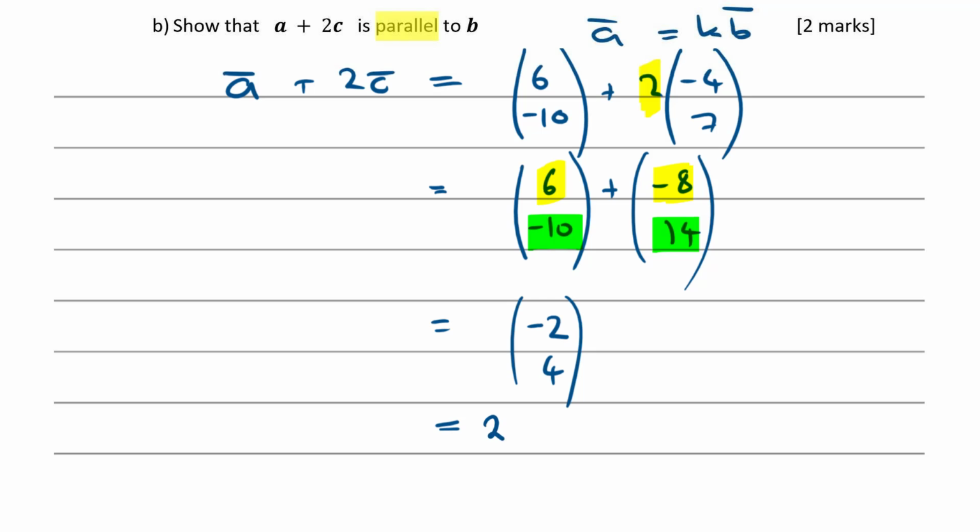Factorizing out 2 leaves me -1, 2 inside the bracket, and that is the same as vector B. So I've got 2 lots of vector B. I have shown that A plus 2C is equal to 2 lots of vector B, and therefore they are parallel.